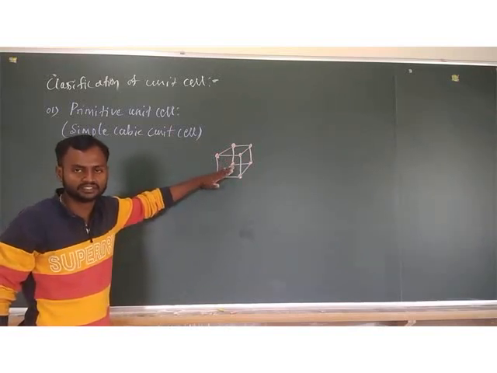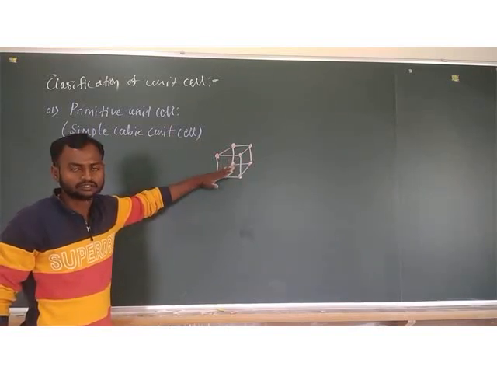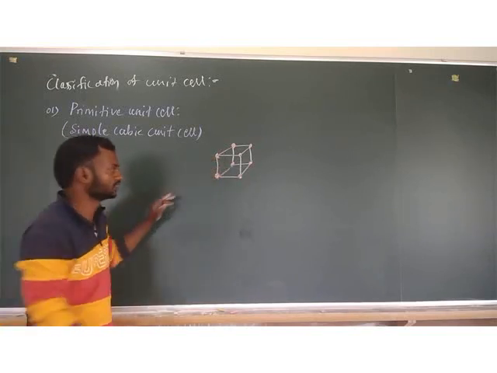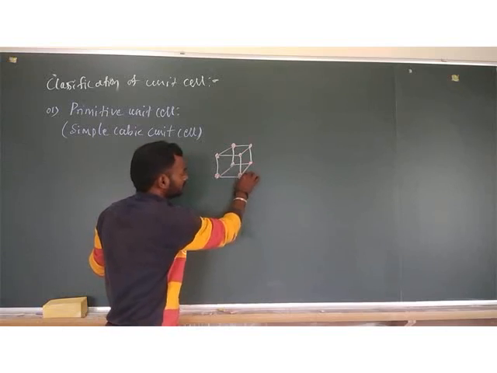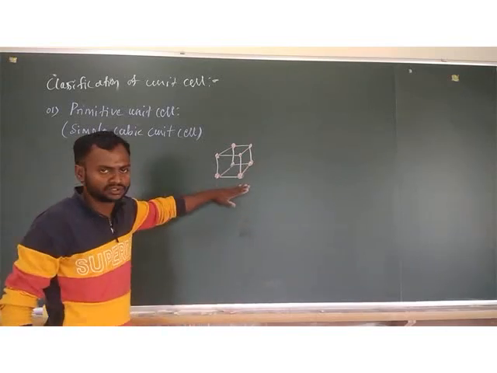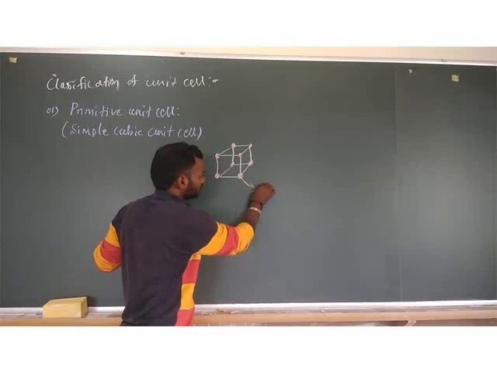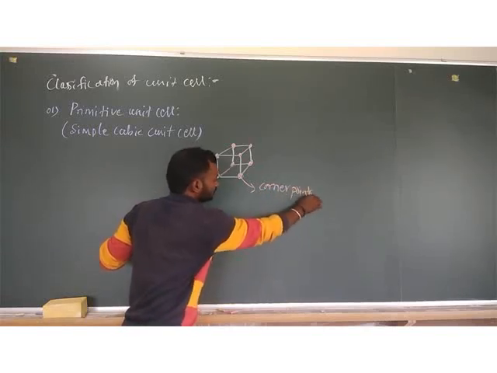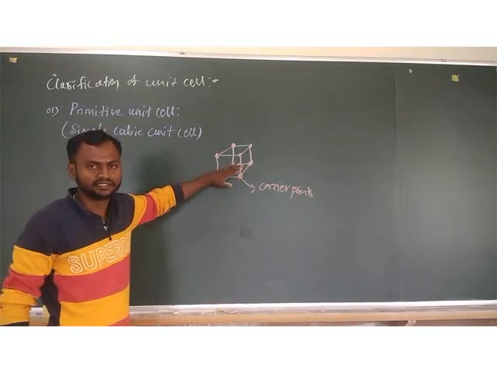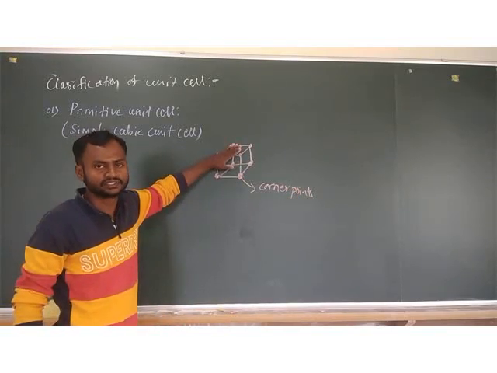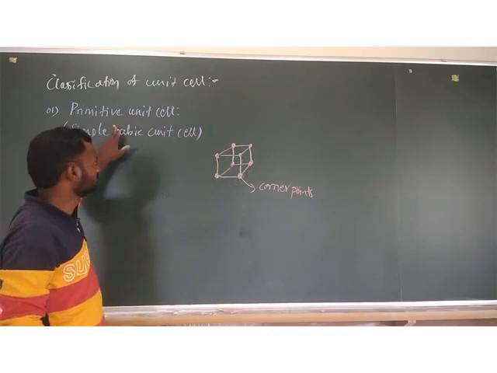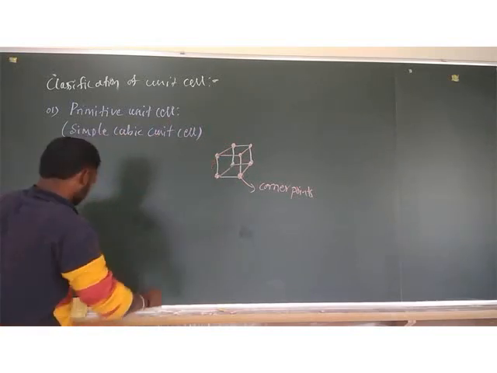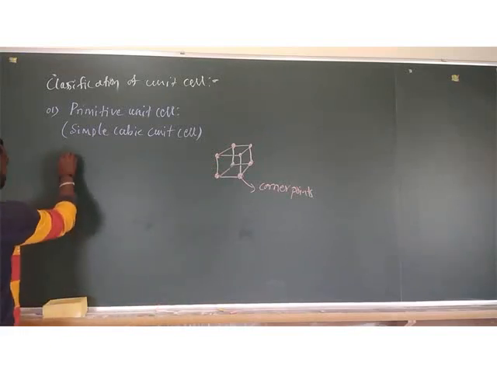This is a type of unit cell in which the constituent particles are present at the corners of the unit cell. These are the corner points. The unit cell with constituent particles present only at the corners is called a primitive unit cell or simple cubic unit cell. Now I write the definition.